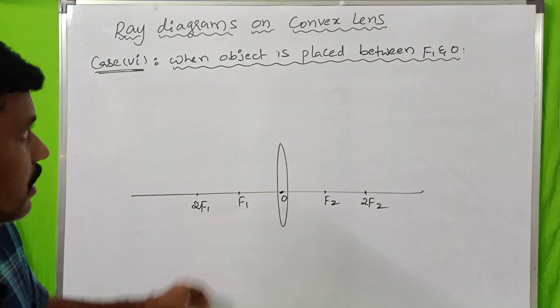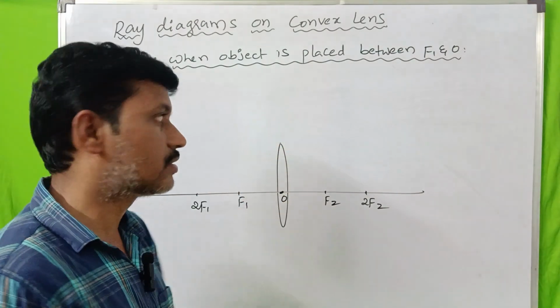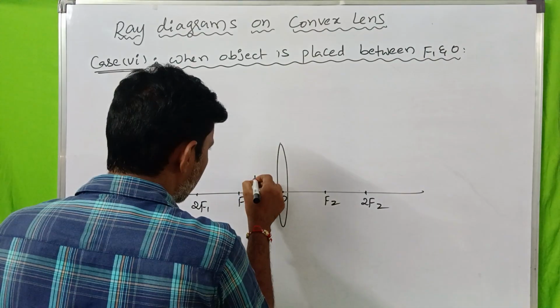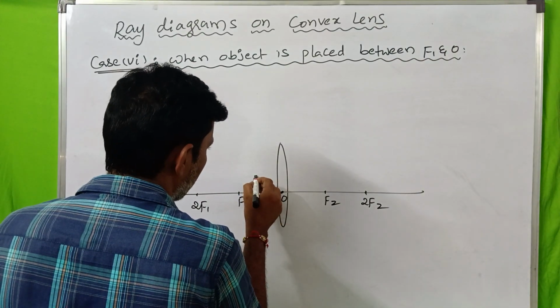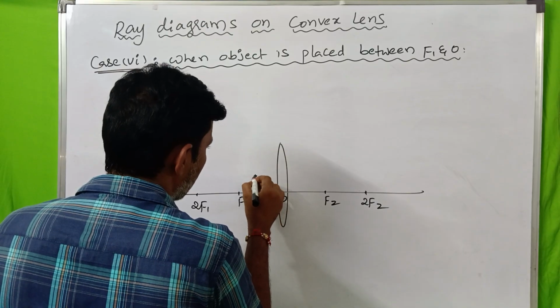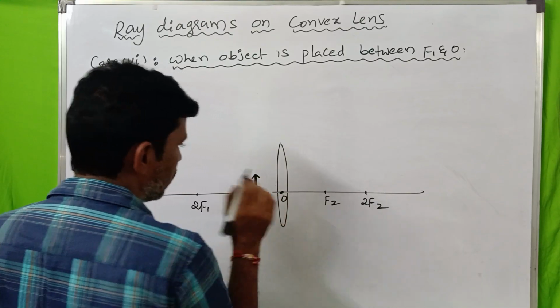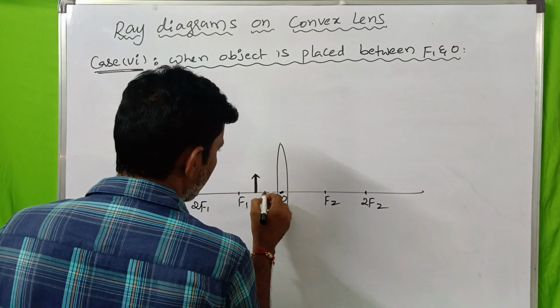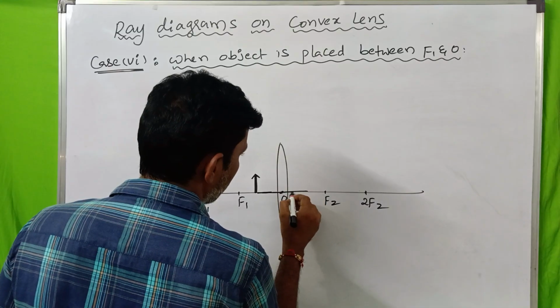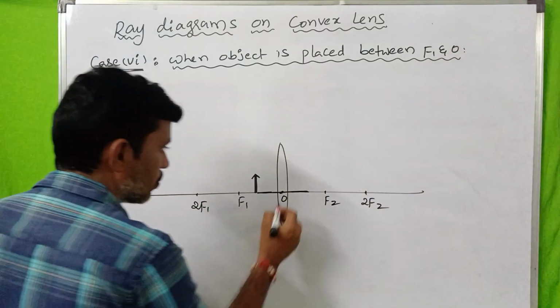Okay, the object is placed between F1 and the optic center. So let us take this as the object position, this is the object, placed between the focus point and the optic center.